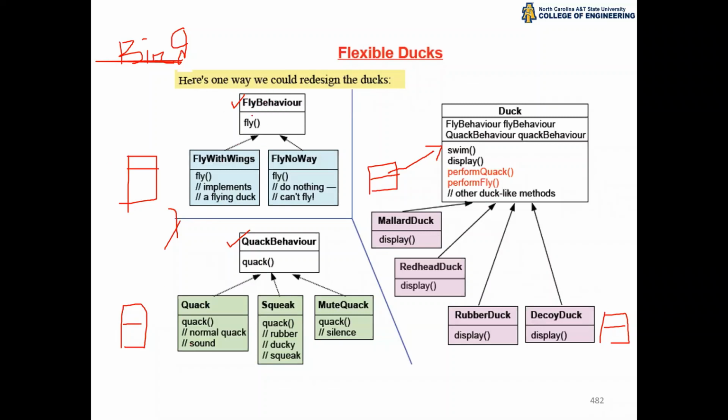You can even use the fly behavior, quack behavior for other classes apart from duck. For the duck classes, you can add many subclasses. It will not affect anything on the left. So you can inherit or implement everything. If you need to go through the duck classes, you can implement any kind of fly behavior or quack behavior. So it's a very flexible design, but at the same time you can make it more flexible. For example, during runtime, you can change the behavior from fly behavior to speak behavior, something like that.